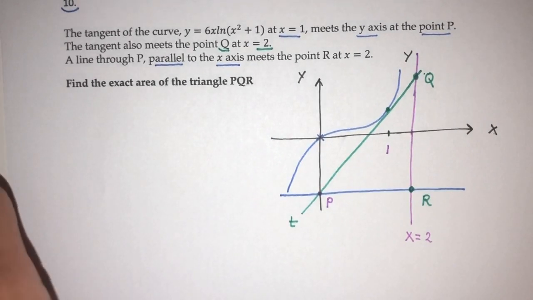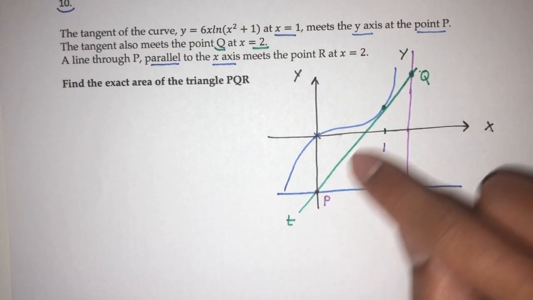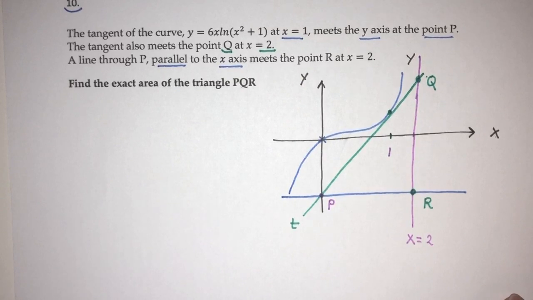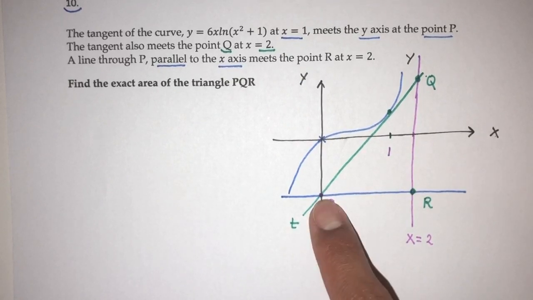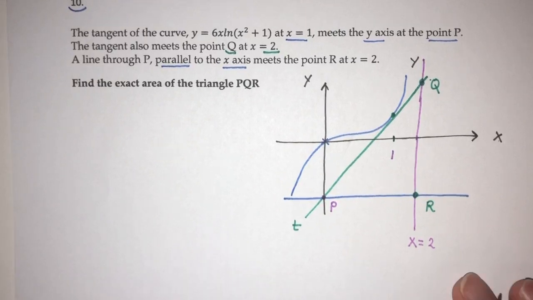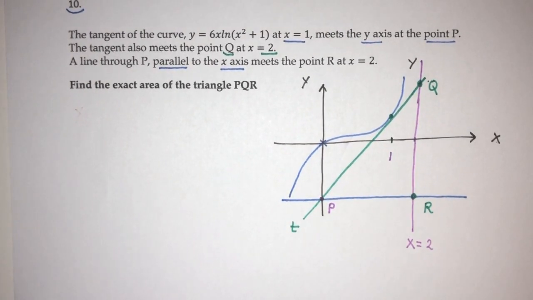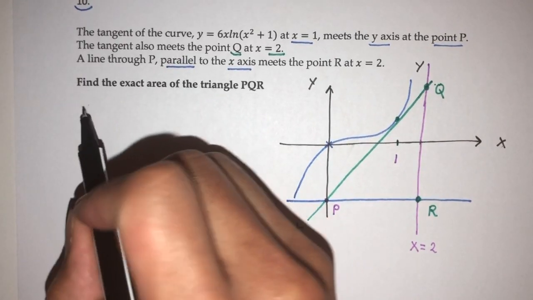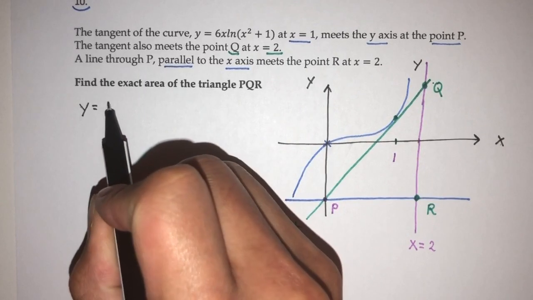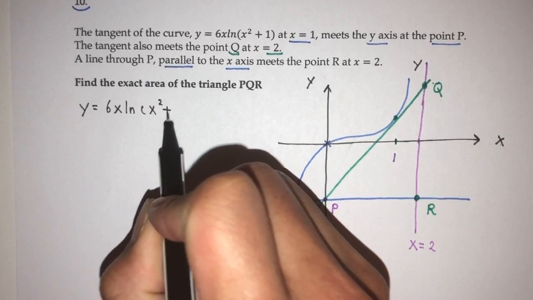As you can see here, the tangent is a major part of this question. So let's find the equation of the tangent so we can find the point P and the point Q. We have y given to us by, let me write this down, y equals 6x ln of x squared plus 1.